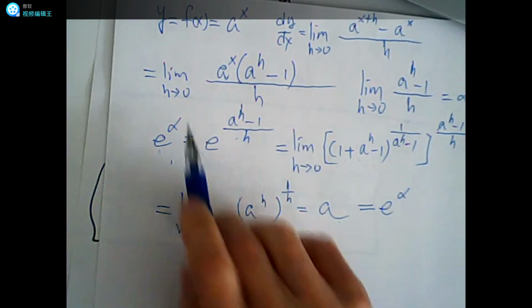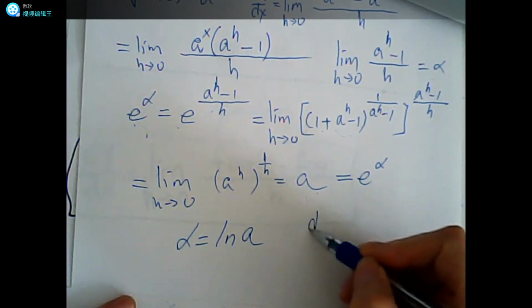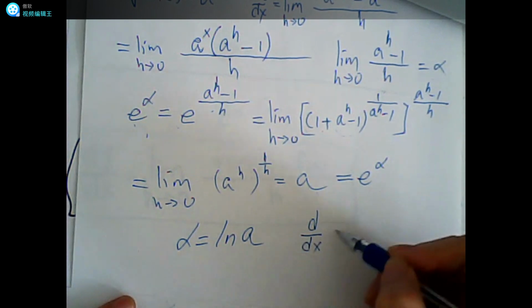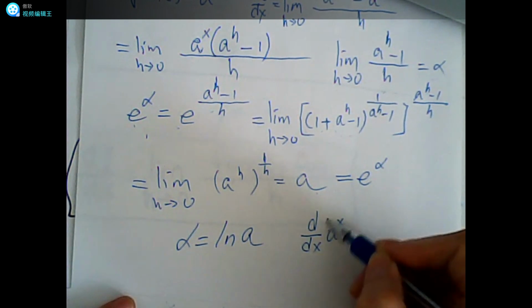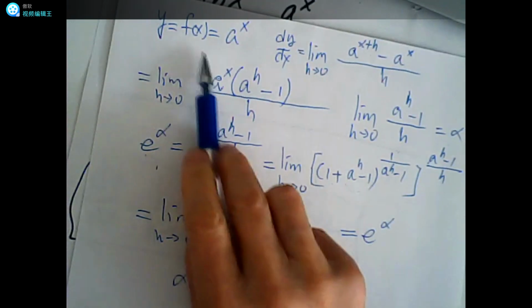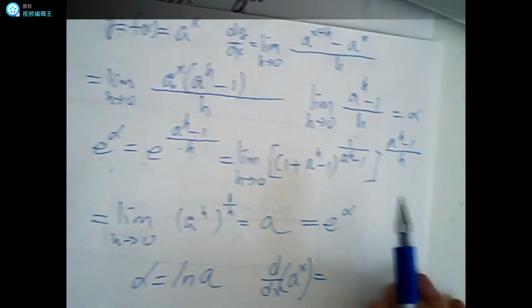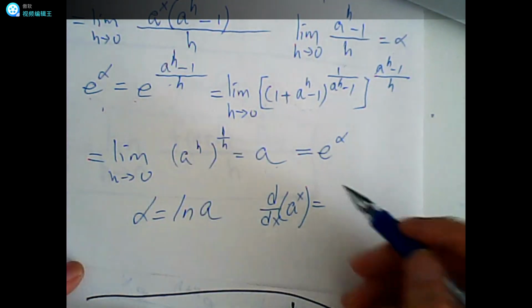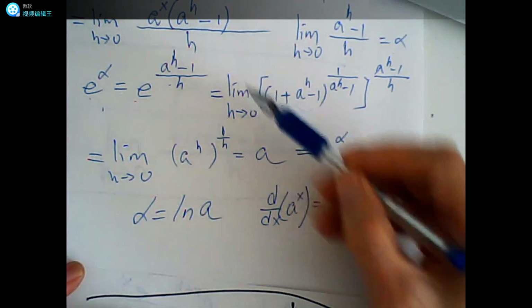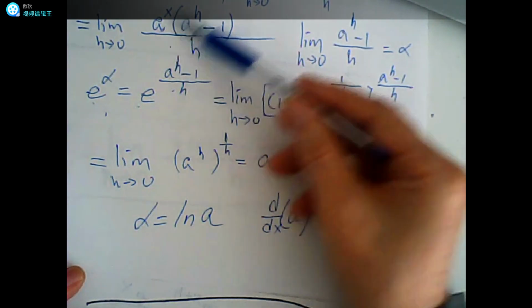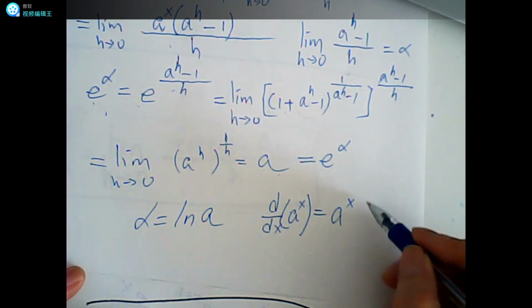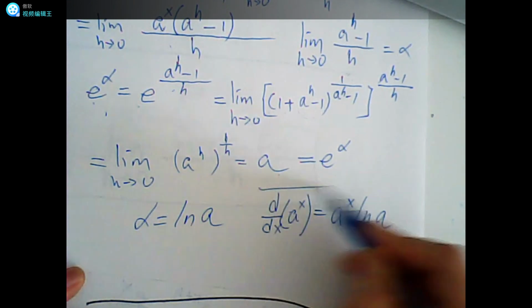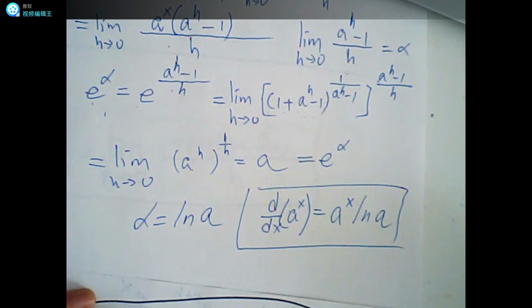Alpha is log A. Now the derivative of a to the power x, the derivative of this function is equal to a to the x times alpha, right? Alpha is log A. So that is the result.